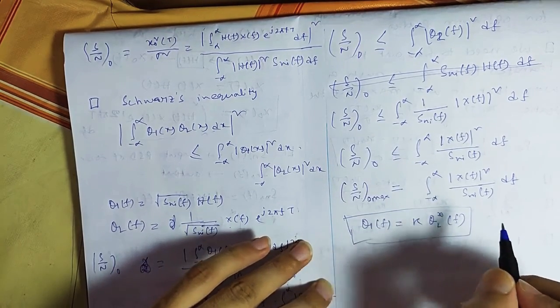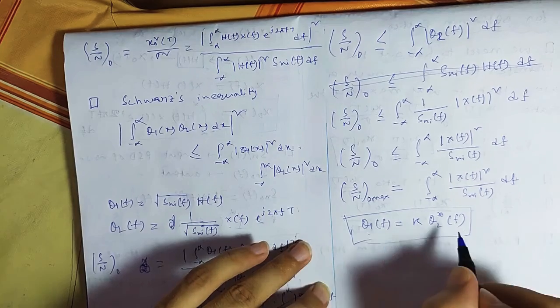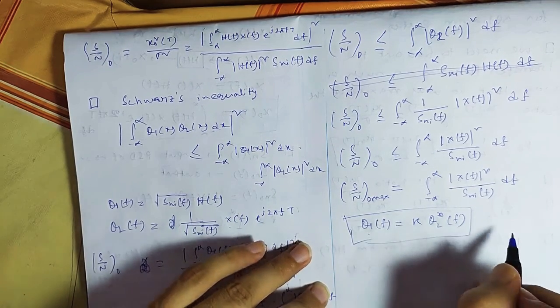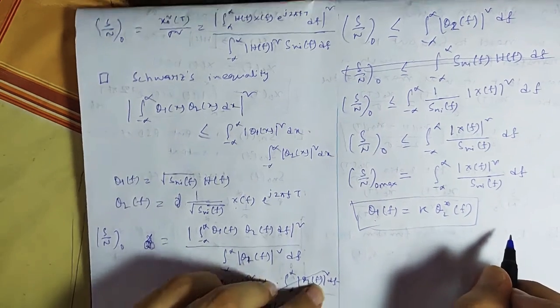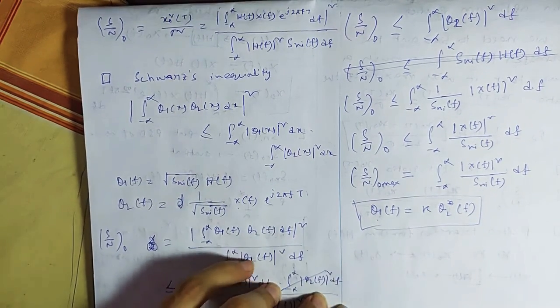It is only possible when theta 1(f) and theta 2(f) are related by this expression. Or you can write using the theta 1 value and theta 2 value.